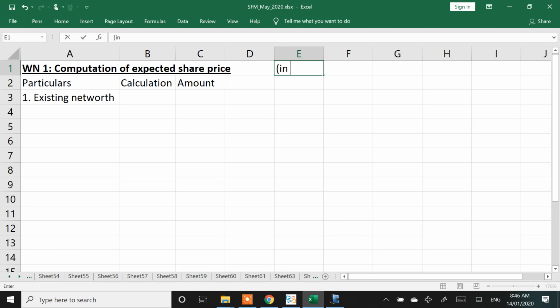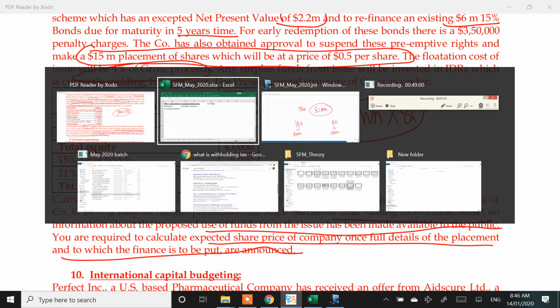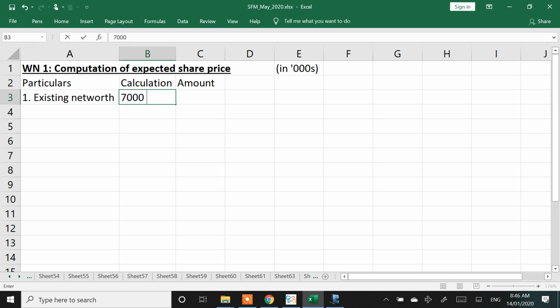We'll do this calculation in thousands. How many shares are there currently? 7,000 thousand shares. And what is the price? 2. So currently I have 14,000 thousands, or 14 million, as the value. Existing net worth is 14 million.